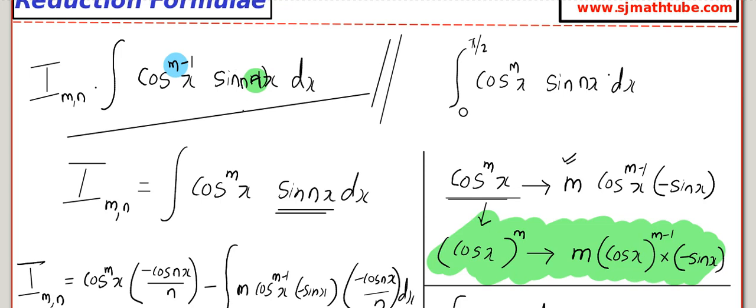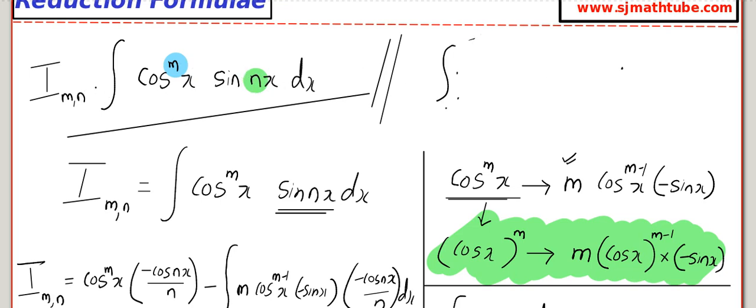I'll make it a little bit clear. So look at this. When we reduce it, we want n to become n minus 1, m to become m minus 1, and that name will be m minus 1 comma n minus 1. Is that okay? So once more, look at this.